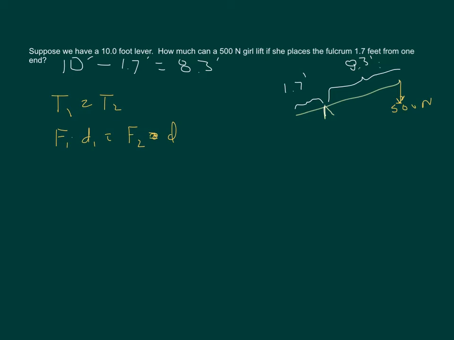So I am trying to solve here and find out what force 2 would be. If I solve this equation for force 2, I get force 2 is equal to force 1 times D1 over D2. Force 1 is 500 newtons. D1 is the distance between force 1 and what? The fulcrum. So that is 8.3 feet.